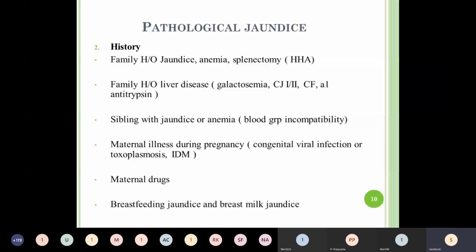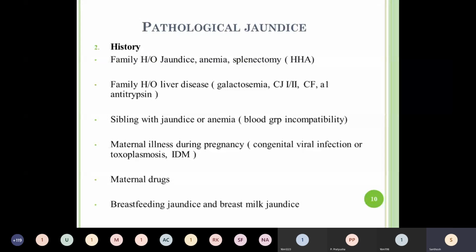Suppose you stop the breastfeeding, the bilirubin levels abruptly come down. And then when you restart after 24 or 48 hours, what happens? The bilirubin level may slowly rise, but doesn't reach the previous value. So why does it happen? In these babies, they will be having good, adequate weight gain, normal liver function, and there will not be any evidence of hemolysis. They will be healthy babies.